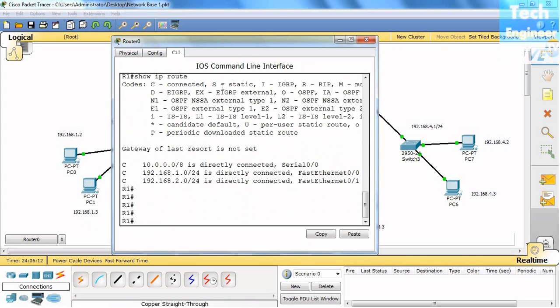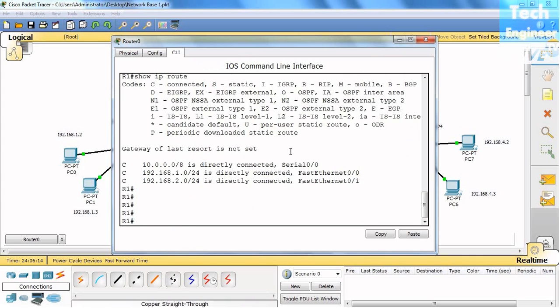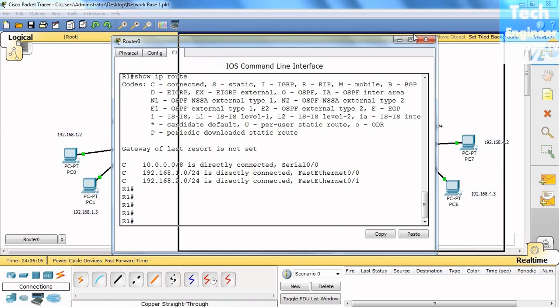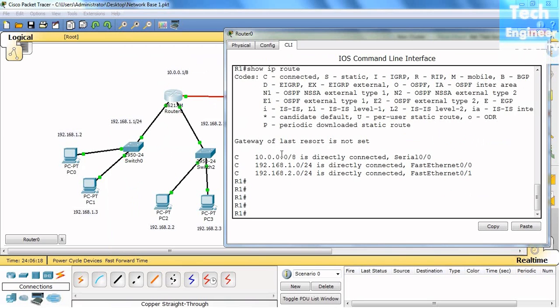you can see by this command that this particular router is connected. This particular router has a serial port with its network, then a FastEthernet connected, and the IP ranges are 192.168.1.0 and 192.168.2.0.